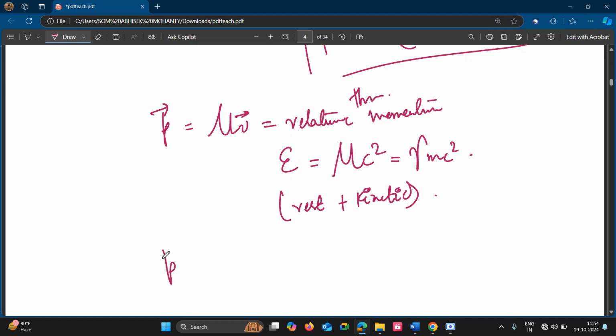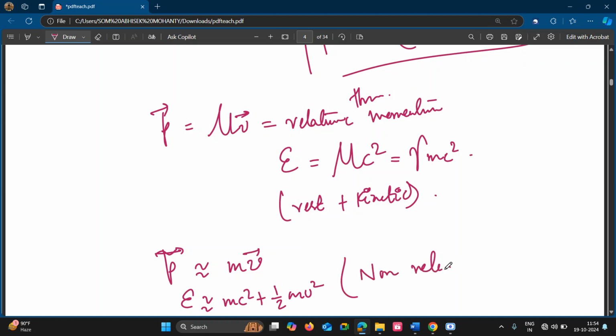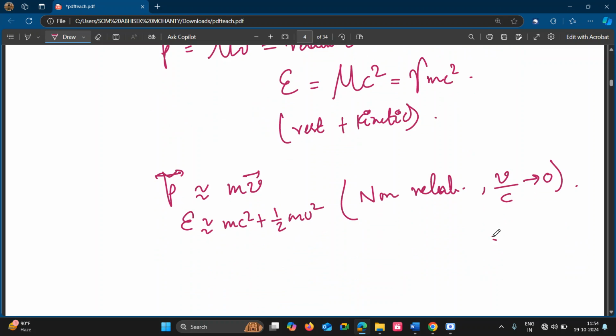We will get P approximately equal to small m into v, and E equal to mc square plus half mv square. This is completely non-relativistic. What is the non-relativistic case? v by c almost equal to zero. v will be like 20 meters per second, compared to c, so this is completely negligible.